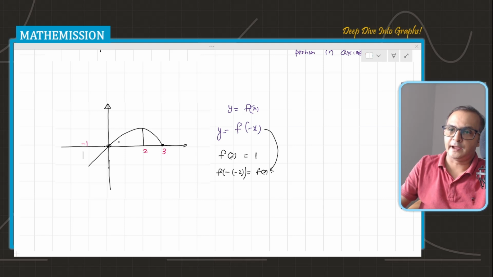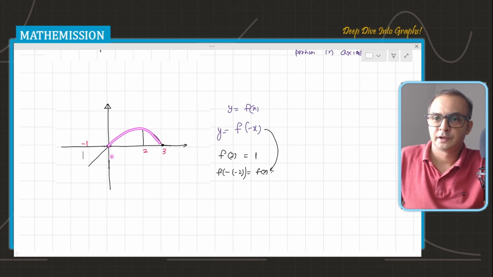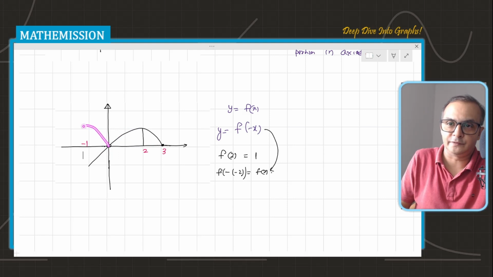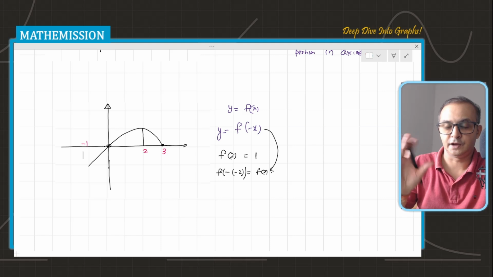So all these positive parts, towards the right of the y-axis, will go leftward, and all this negative part will come rightward. It means there is now a horizontal flip, we are flipping horizontally.